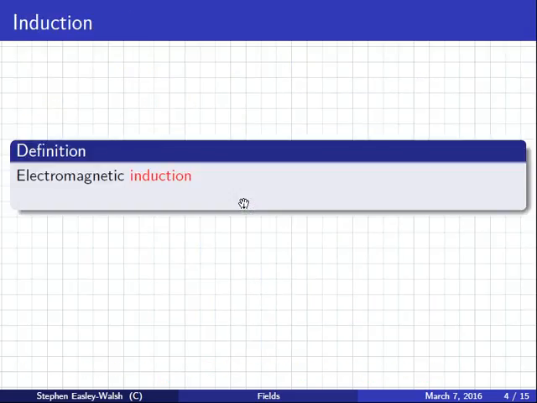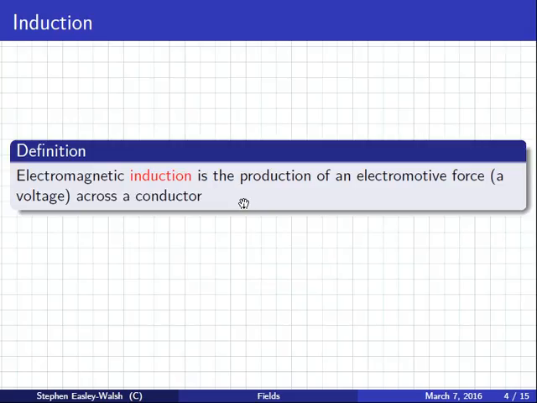Electromagnetic induction is the production of a voltage across a conductor exposed to a changing magnetic field.